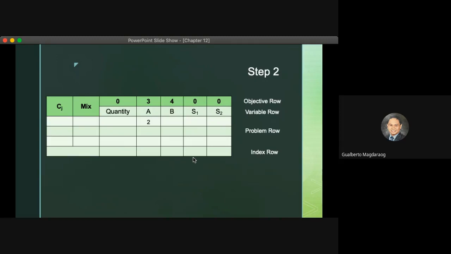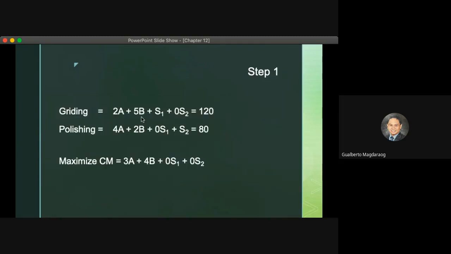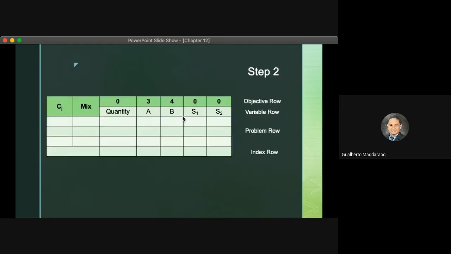Okay, let's start. So, una, let's write down first yung constraint natin for the grinding department. We have 2A and 5B and 1 S1 or 1 slack variable for the grinding and 0 for the polishing. Saan to nang galing? Ito po yun. 2A plus 5B, 1 S1, and 0 S2 for the grinding.